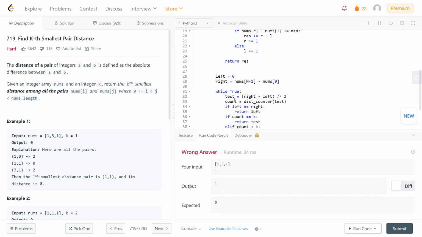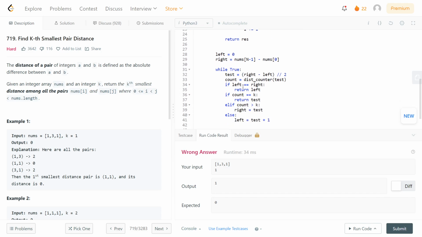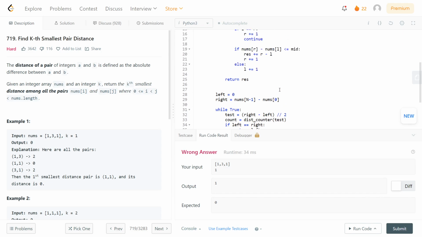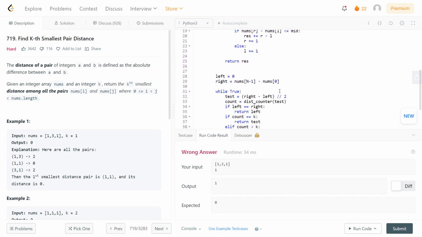Right was 2, so test was 1. 2 minus left divided by 2, that's 1. I counted distances of test.